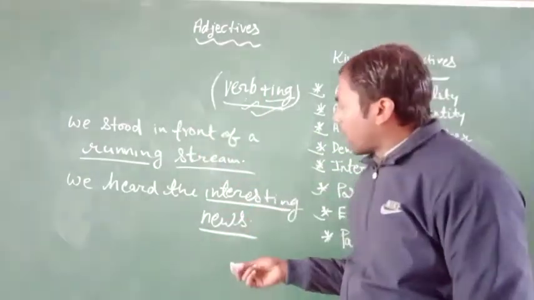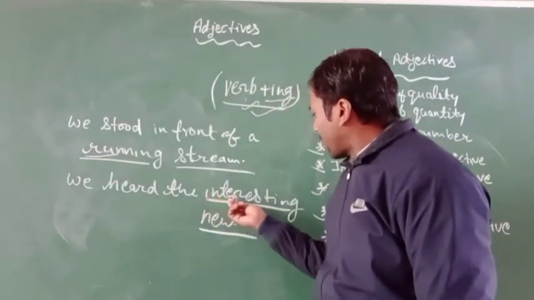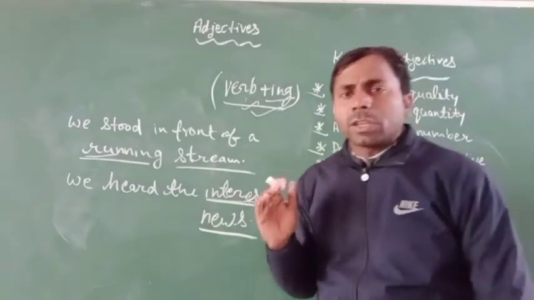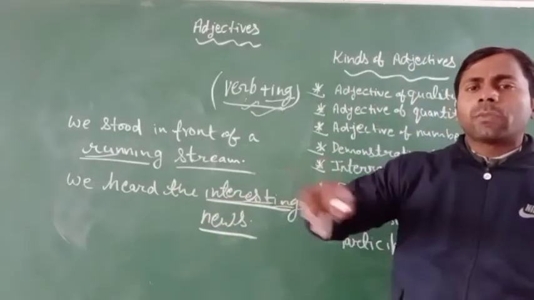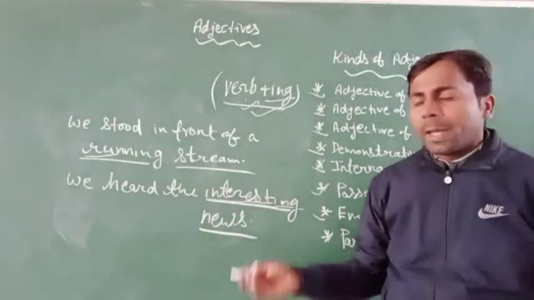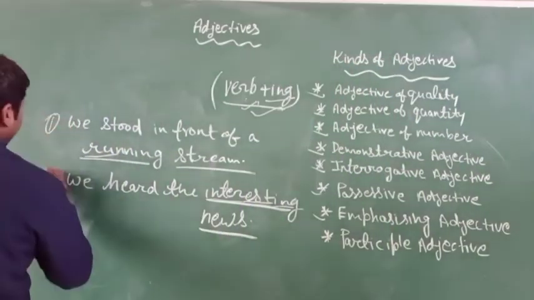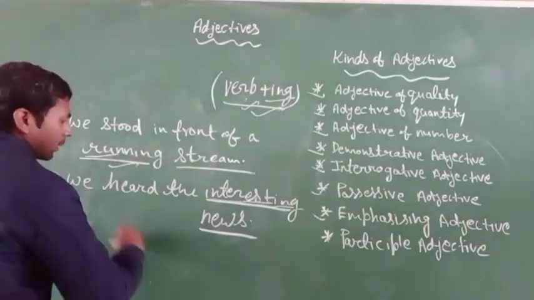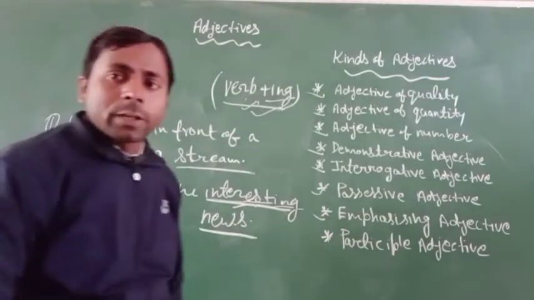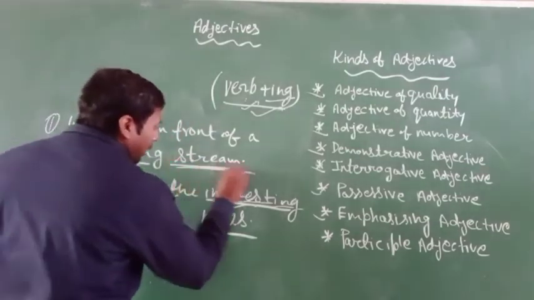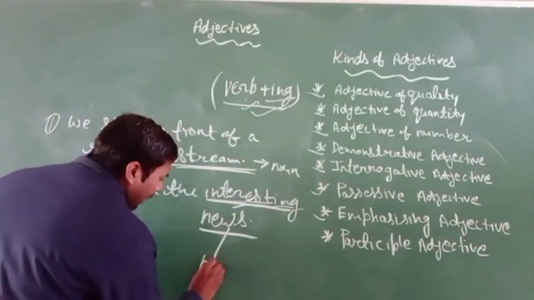Here run is a verb, and here interest is the base word, and in both you can see ing used. This ing word used with the verb is made into a present participle, but in both sentences you can see these words used as adjectives. How is that possible? Stream is a noun and news is a noun.